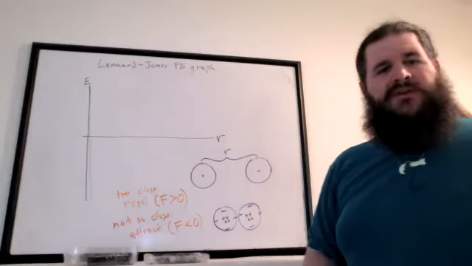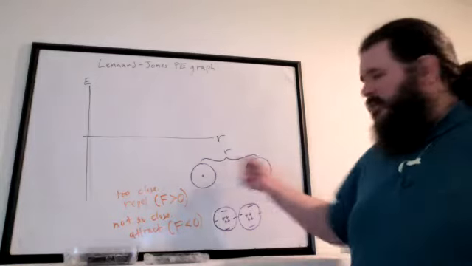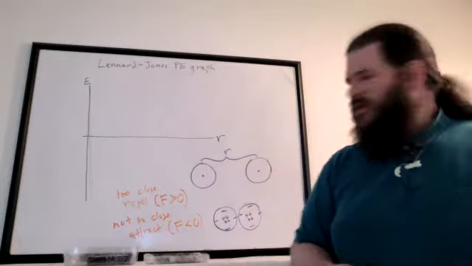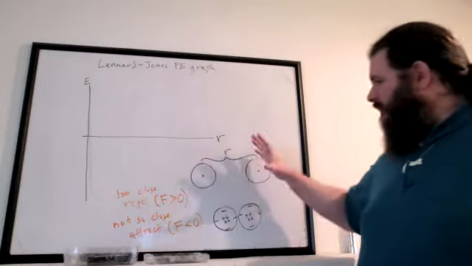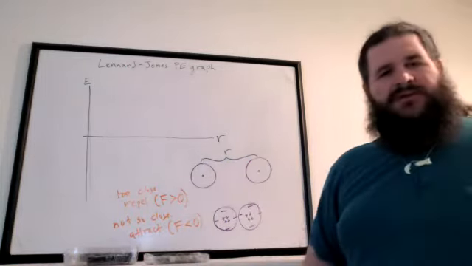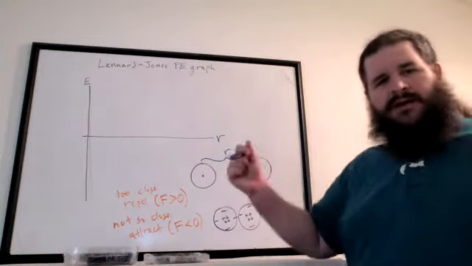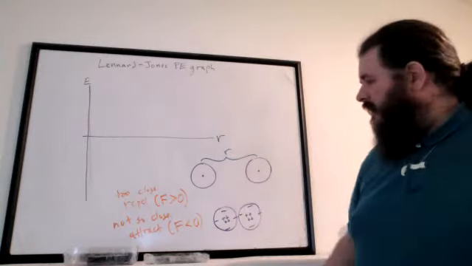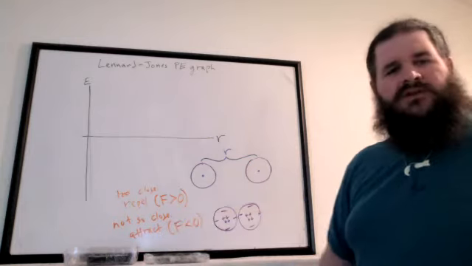So that's what r signifies here. r is the distance from center to center, the radial distance from one center out to the other center. So if r is too small, we get a repulsive positive force. If r is bigger than that, significantly bigger than that, we get an attractive negative force.